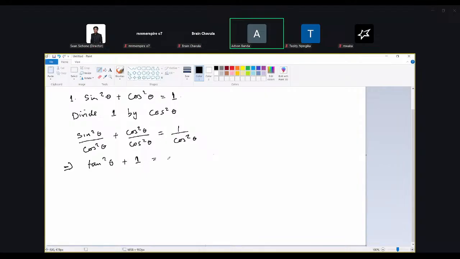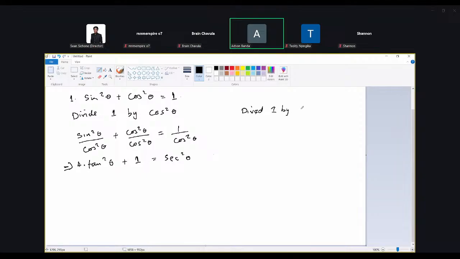You remember that it was the sec of theta. So that's what we are going to get, and actually, this turns out to be our fourth identity. So from the first identity, we have the second one, the third one, and also the fourth identity.